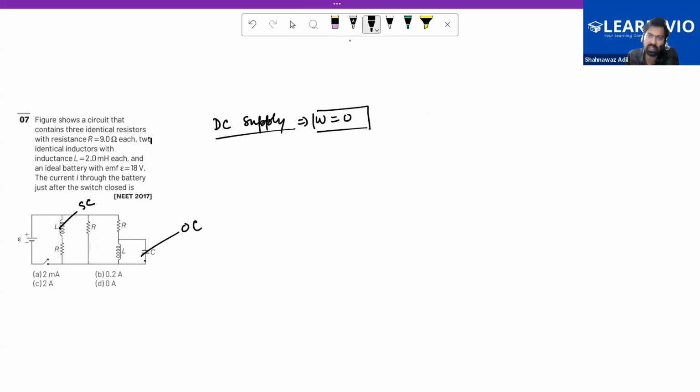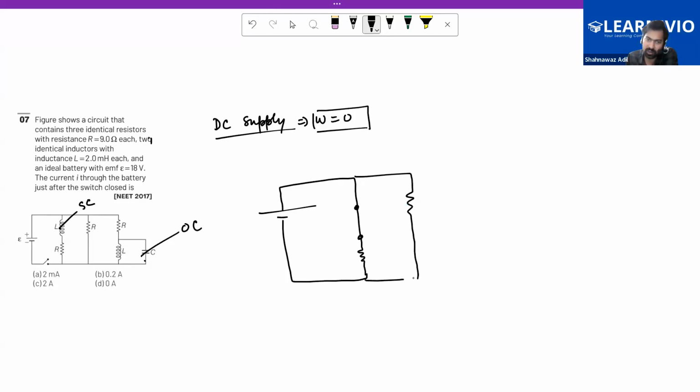So if I draw the effective diagram of this thing, so this is short circuit, means that the current will pass, and then this is again a resistor, and then we have this resistor, and then we have this thing which is short circuited.